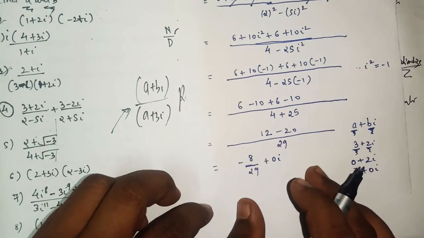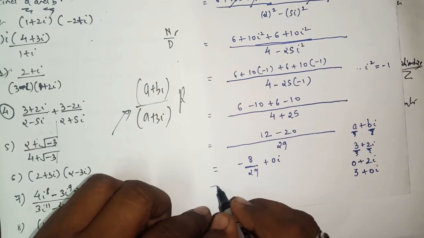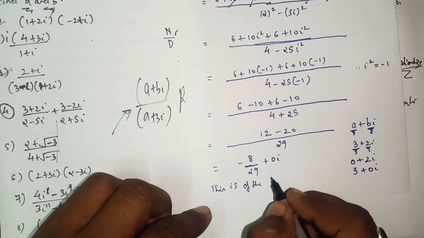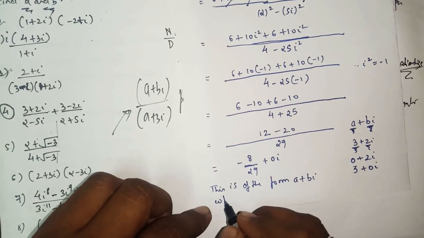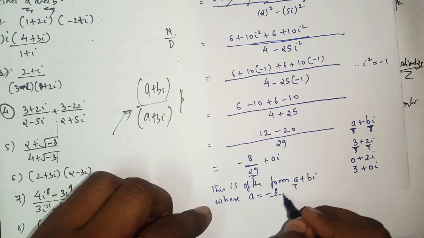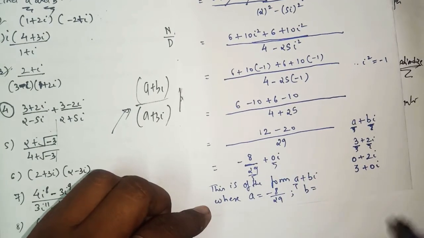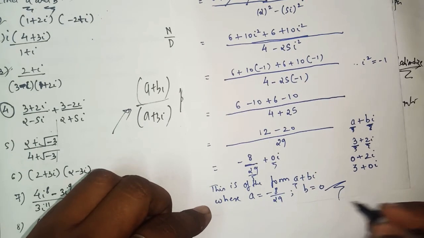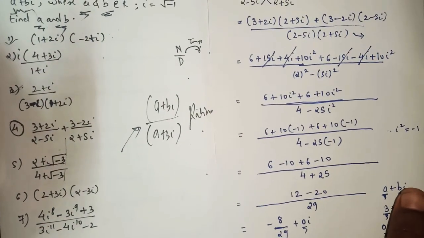So as now we have converted this part into a plus bi, therefore we can write this as of the form, which form? A plus bi. So where in place of a it is what? Minus 8 upon 29, and b was absent, so for the absent term we can take the coefficient as 0. So in this way you have to find your answer. I hope you all understood the first 4 sums.